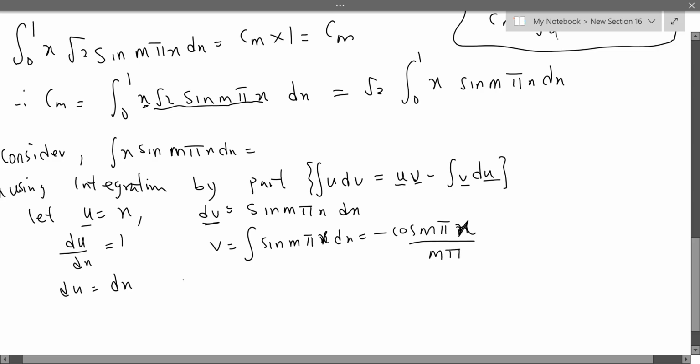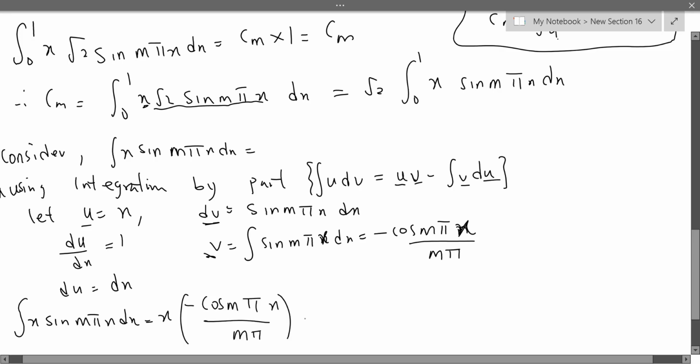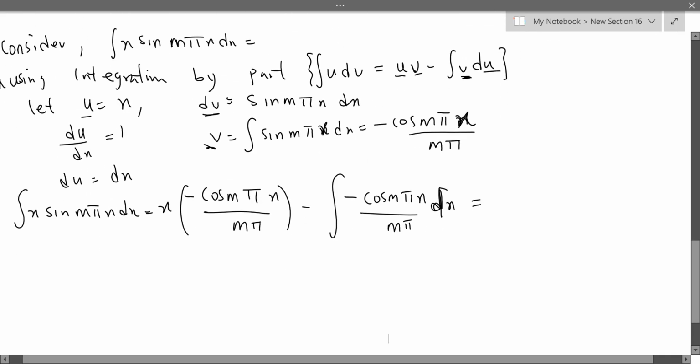Let's substitute these two values into the integral. We have the integral of x sine m pi x dx now equal to u times v, which is x times minus cos m pi x over m pi, then minus the integral of v again, minus cos m pi x over m pi, times du, which is dx.